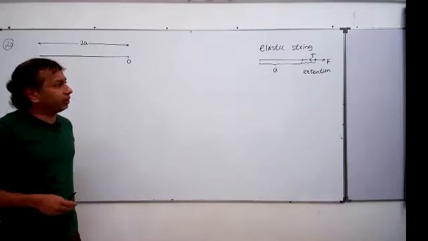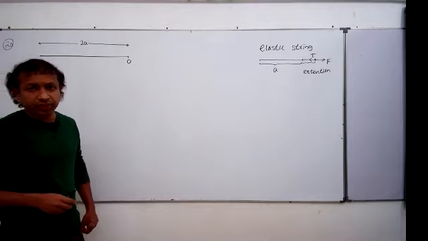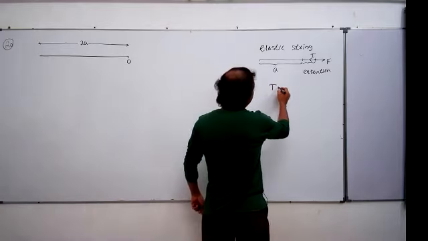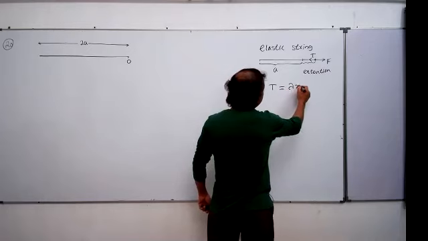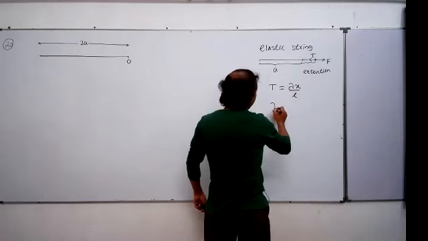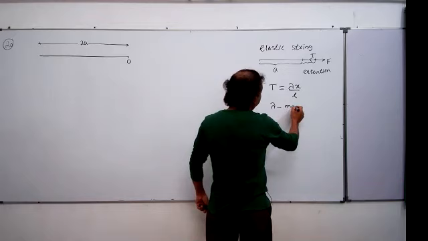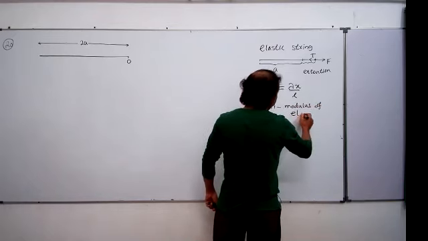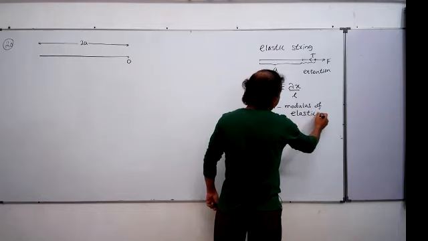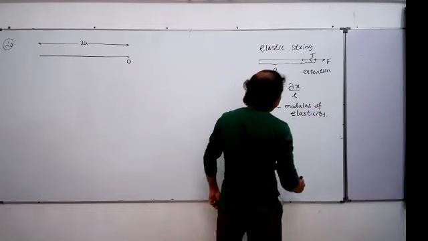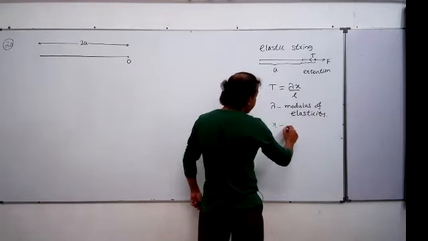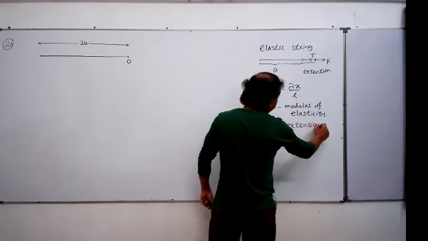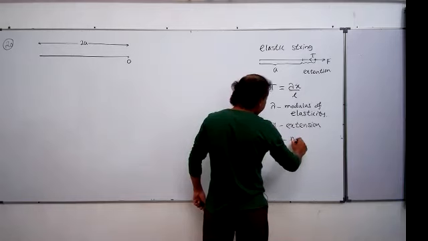That tension is given by T = lambda x upon L. Lambda is called the modulus of elasticity, x is the extension, L is the natural length.